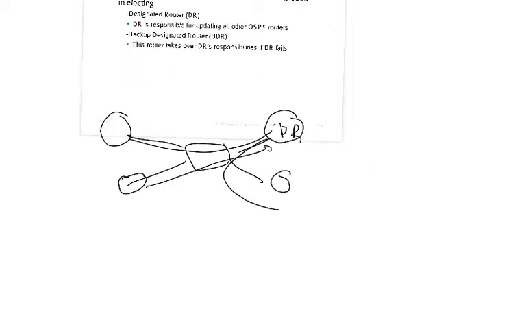So what do we do? We introduce what we call a backup designated router. The backup designated router is used to take over the functionality of the designated router in case the designated router goes down. So those are the two main issues, and this is how we solve them.